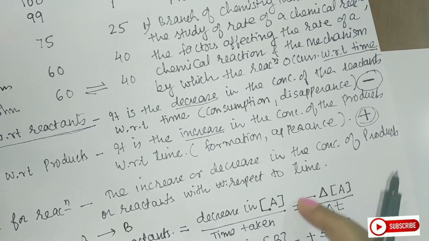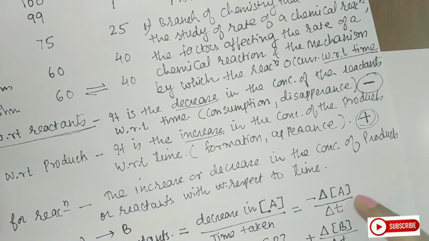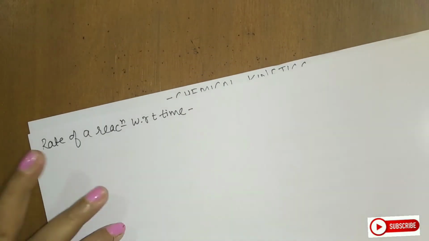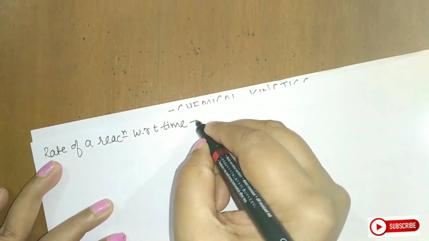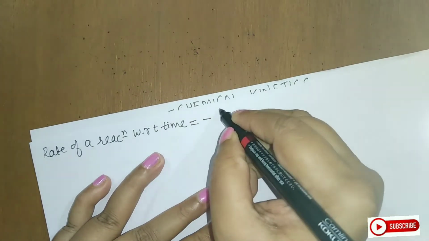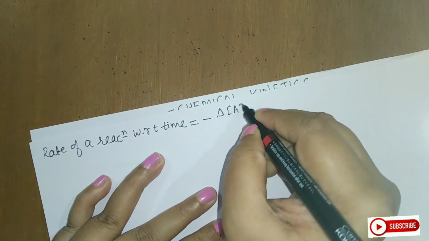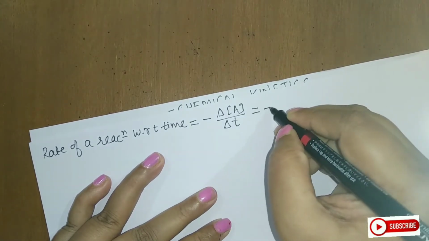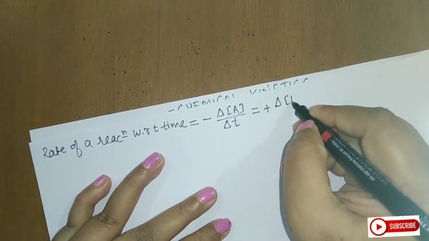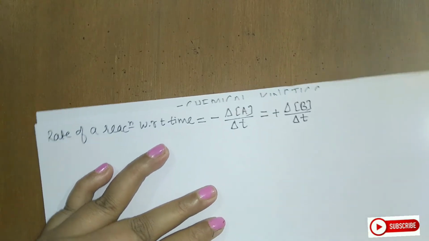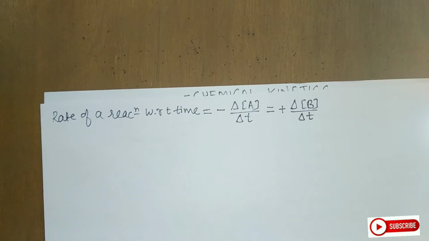So I will combine this, this is equal to this. So how to write this is, for reactant I will use minus delta A by delta t is equal to plus delta B by delta t.